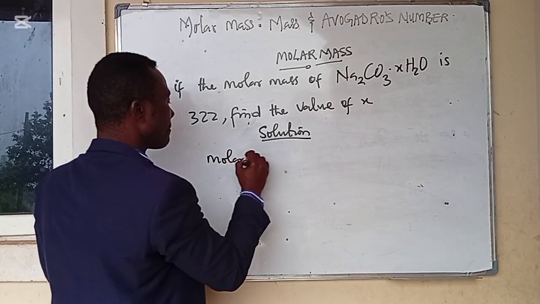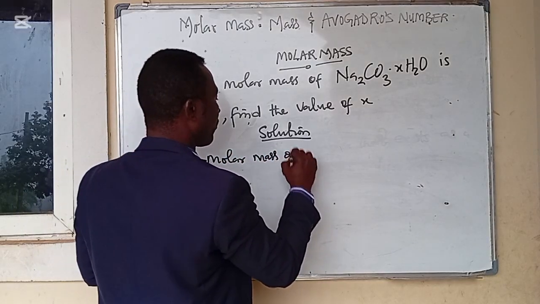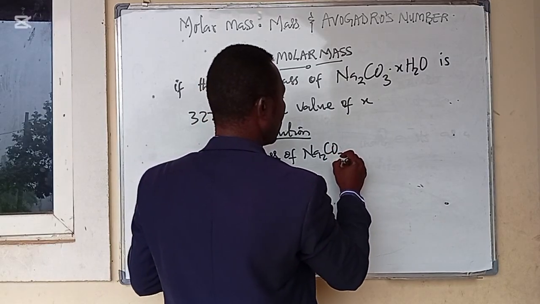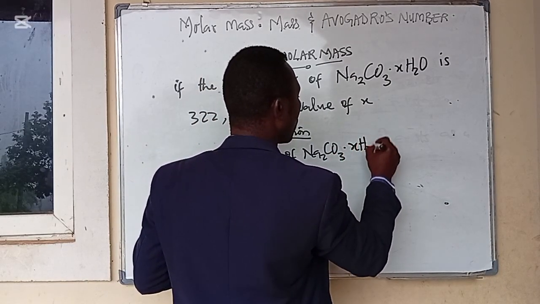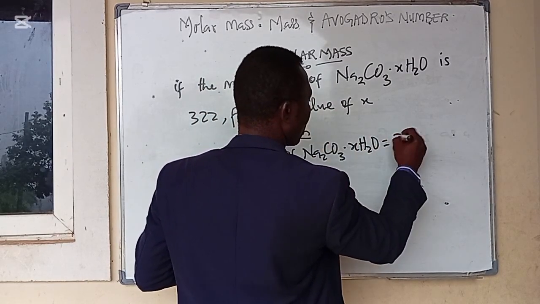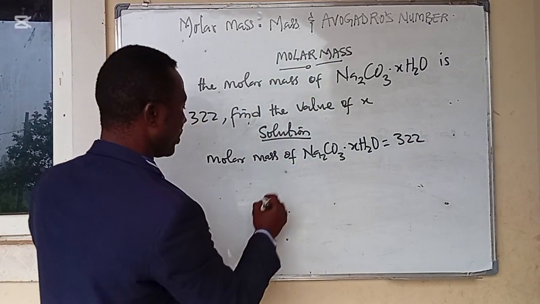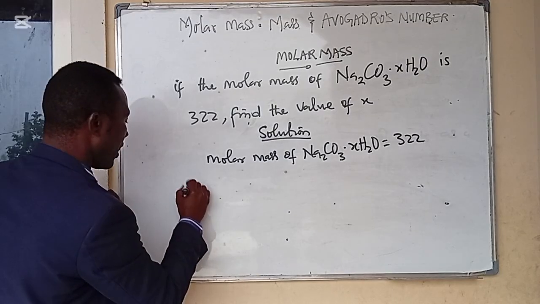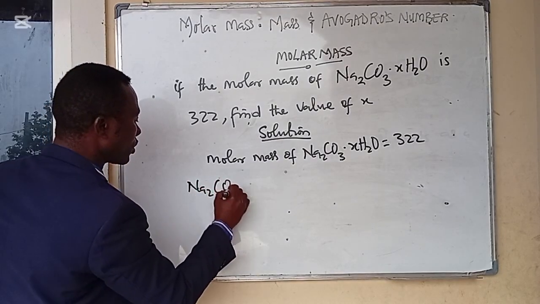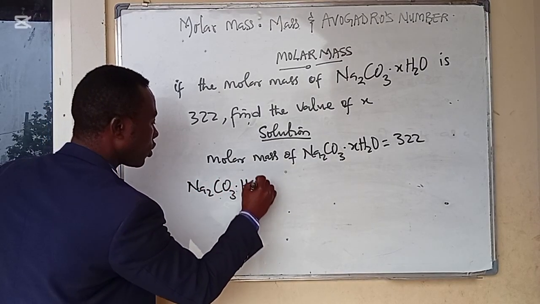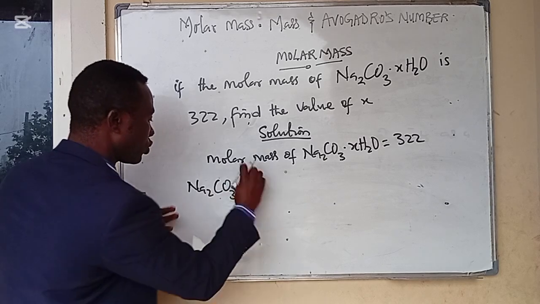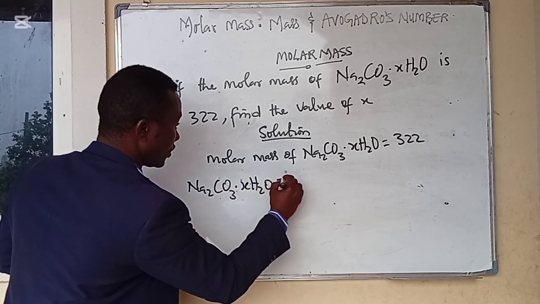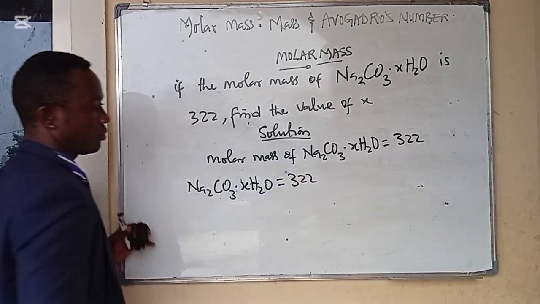Molar mass of Na2CO3.xH2O is equal to 322.